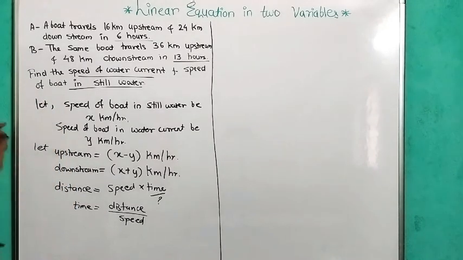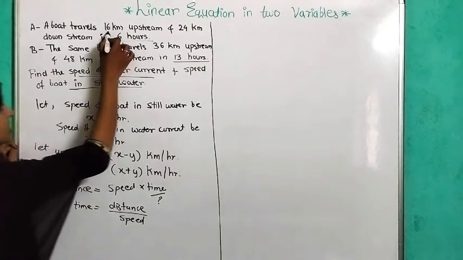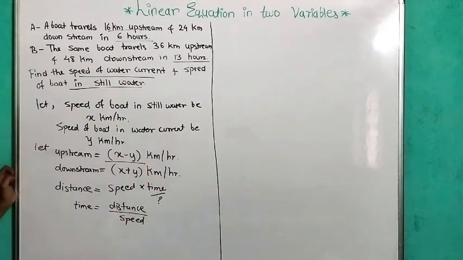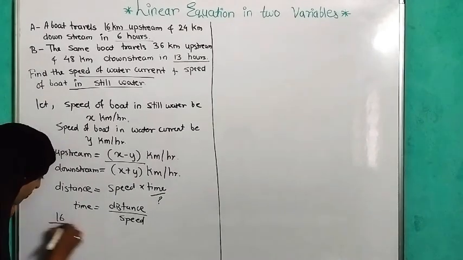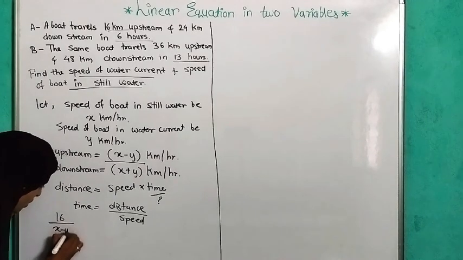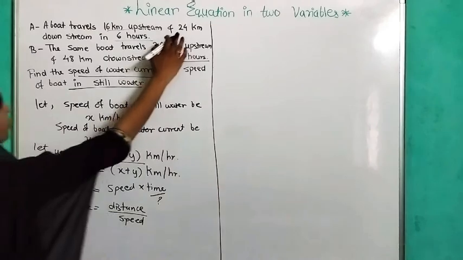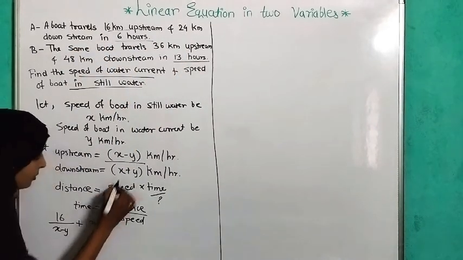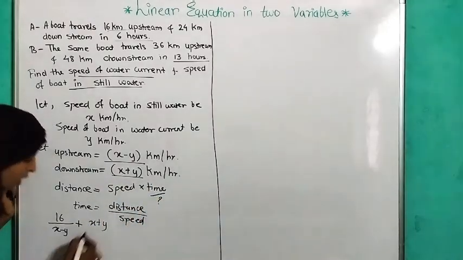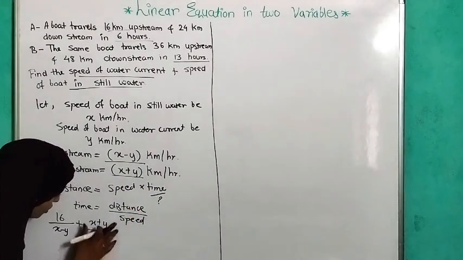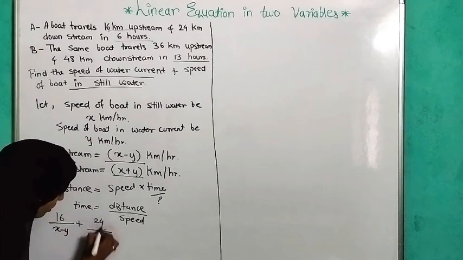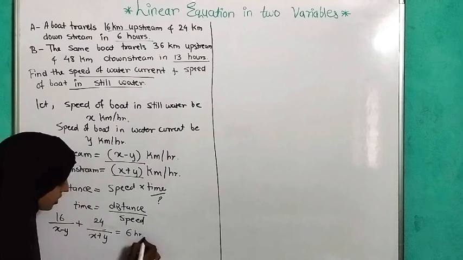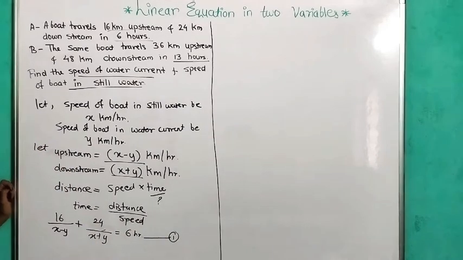Now see here, according to the first condition, 16 upstream. We have considered upstream as x minus y. So 16 upon x minus y plus 24 downstream, and downstream is x plus y, so 24 upon x plus y is equal to 6 hours. This is equation number 1.